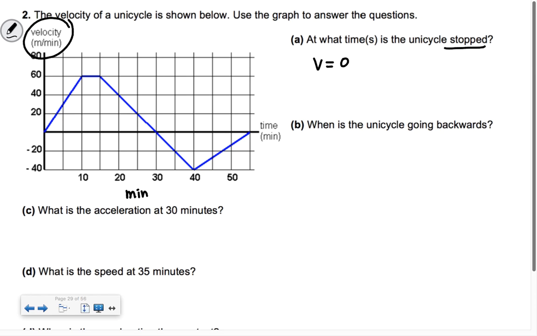So we're saying, where on the graph is our velocity equal to 0? And there are 3 locations. So our unicycle is stopped at time 0 minutes, 30 minutes, and I want to say 60, but it's not, 55 minutes. That is where our unicycle is stopped.